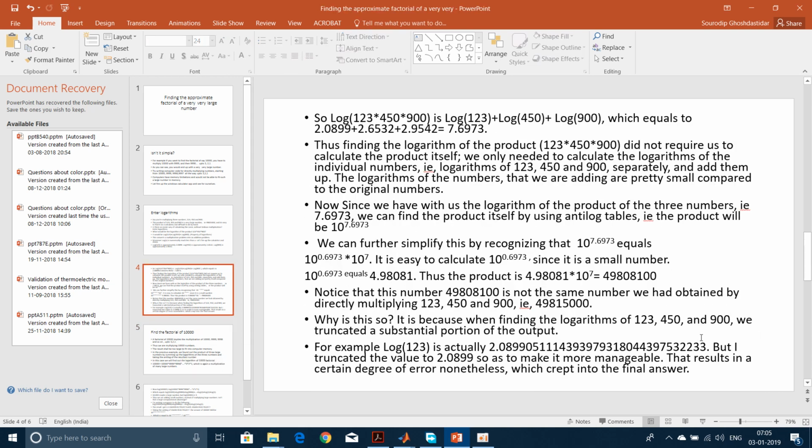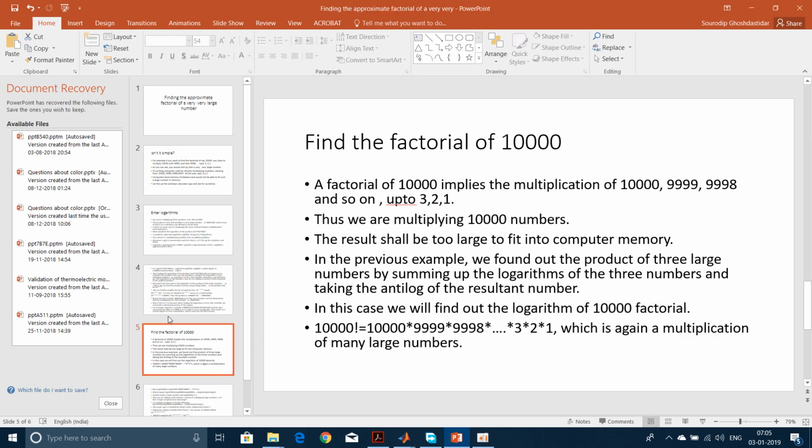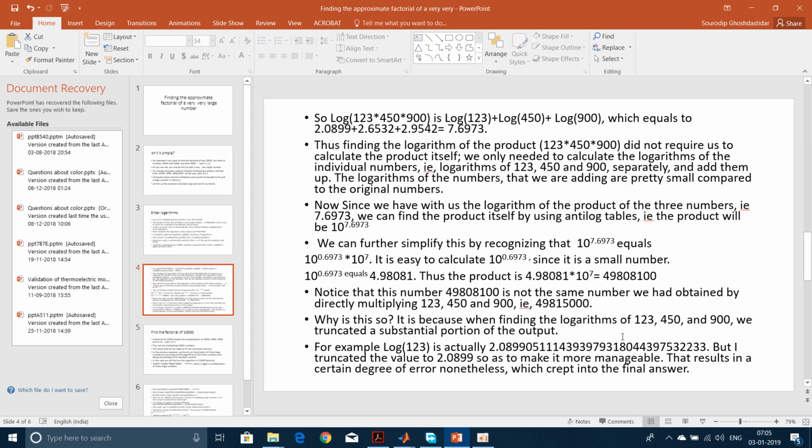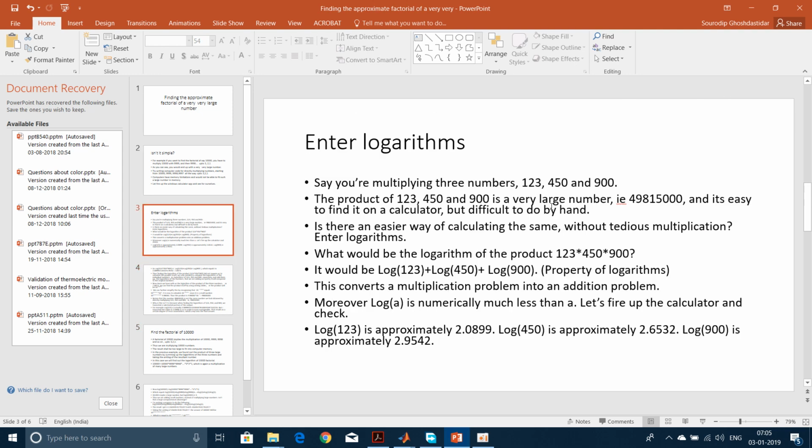Anyway, so that's why I'm calling it approximate, not absolute. So we now try to find the factorial of 10,000 using the techniques used in multiplying these three numbers, 123, 450, and 900.